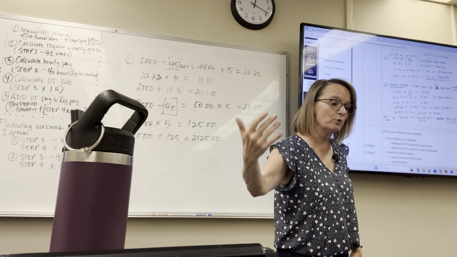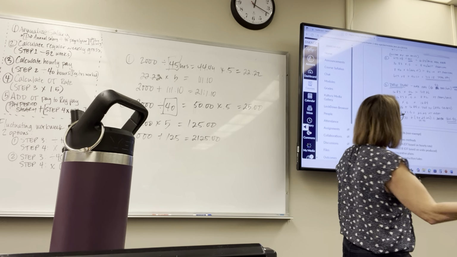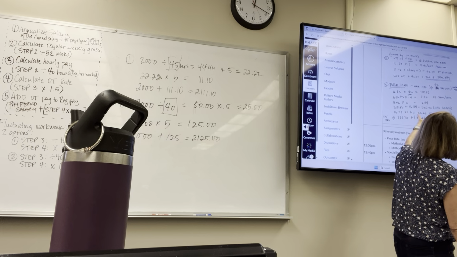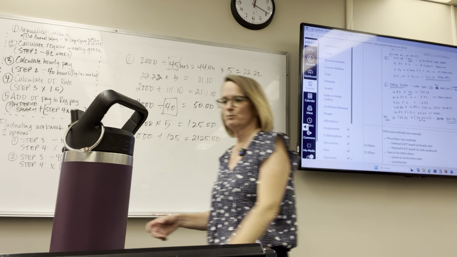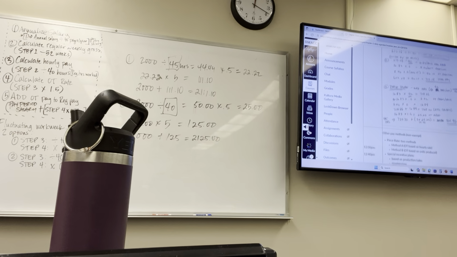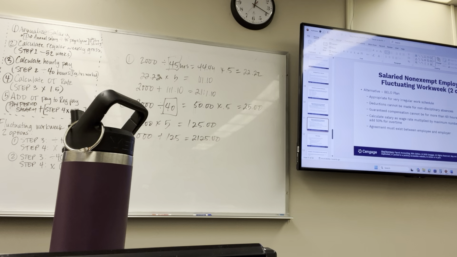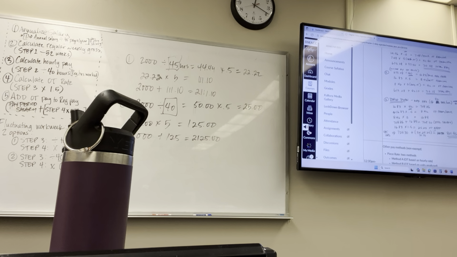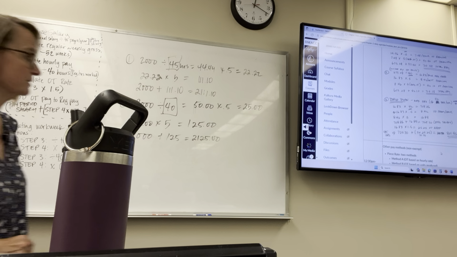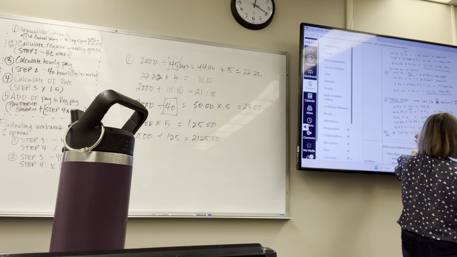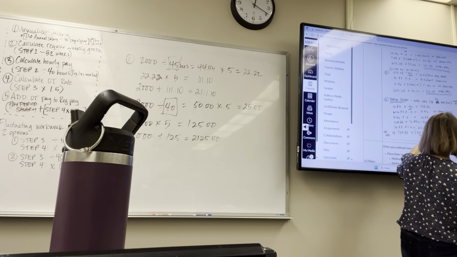Now, if they work over 42 hours, they're going to get paid $16.83. I have 1.5 there. I don't know why I have 1.5 there. I think, hold on a second. I'm going to have to double check that. I think that should be 0.5. 16.83 times 0.5, I don't think that's right.